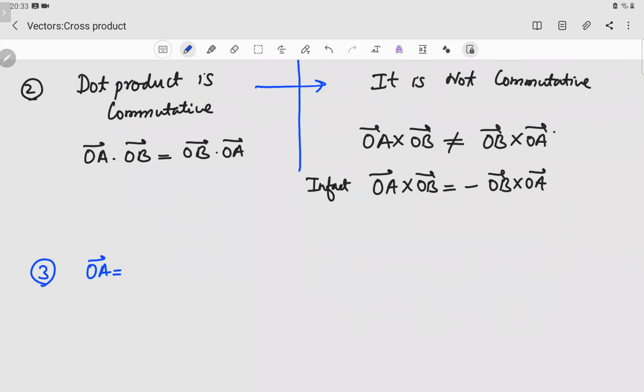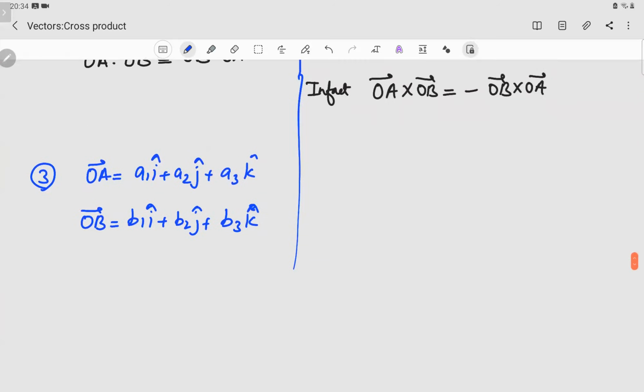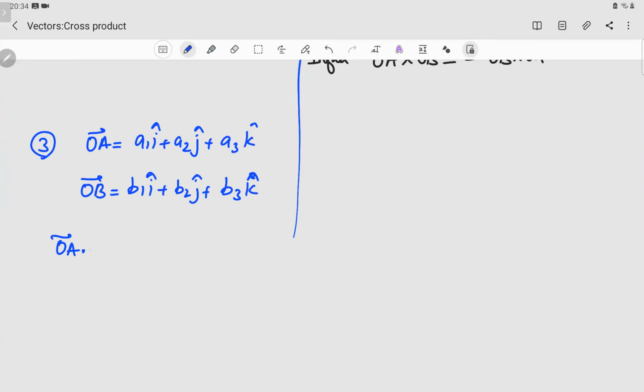Okay. Now comes the second comparison. If OA is equal to A1 i plus A2 j plus A3 k and OB is equal to B1 i plus B2 j plus B3 k, then OA dot OB, this dot is significant as it appears in the name, dot product, is equal to A1 B1 plus A2 B2 plus A3 B3.